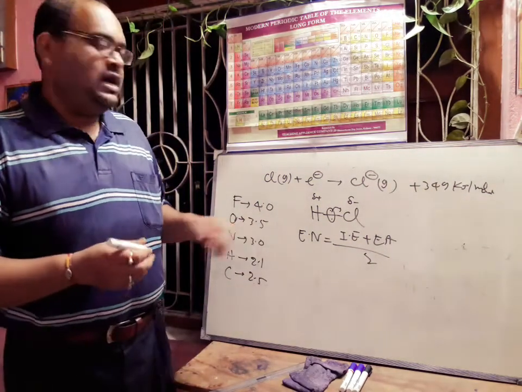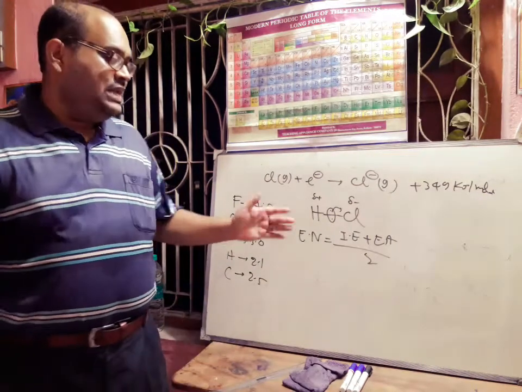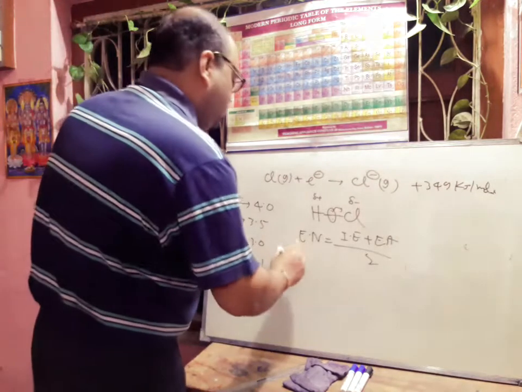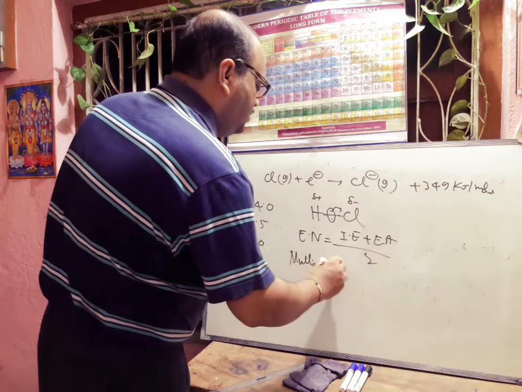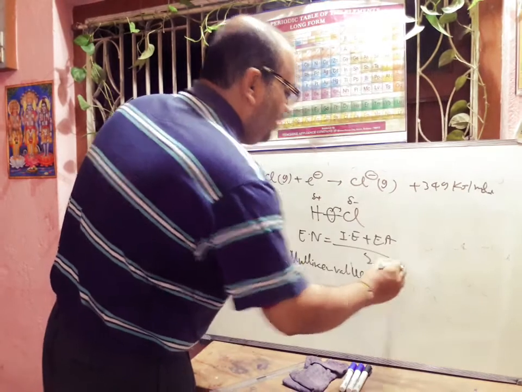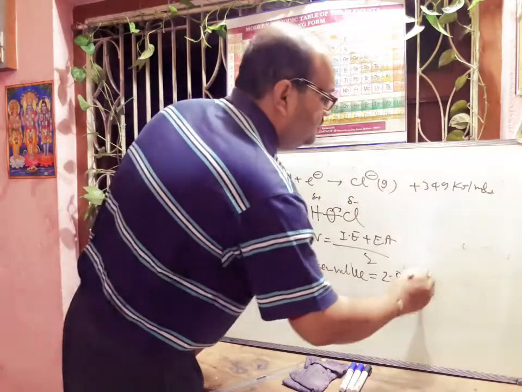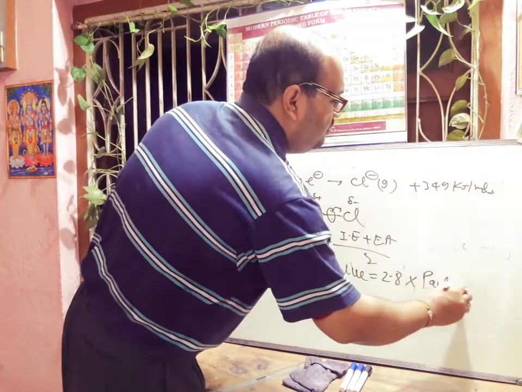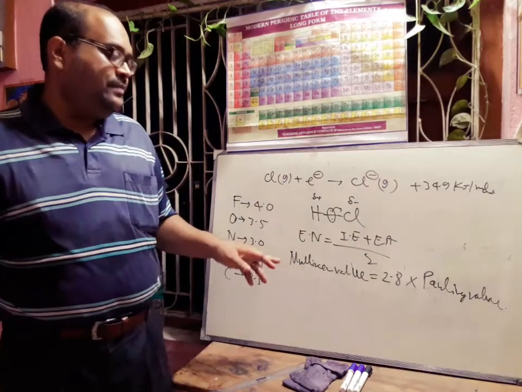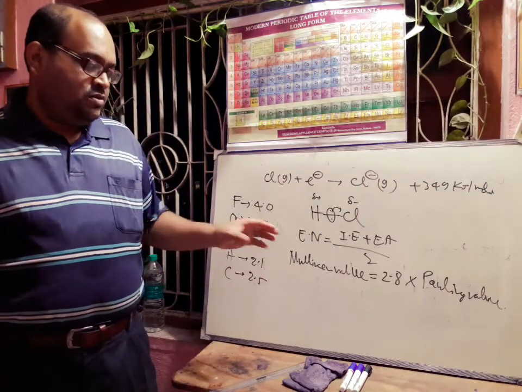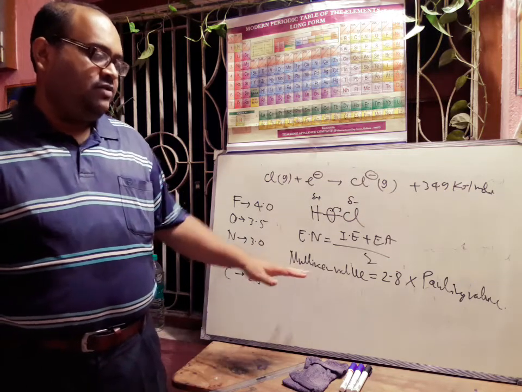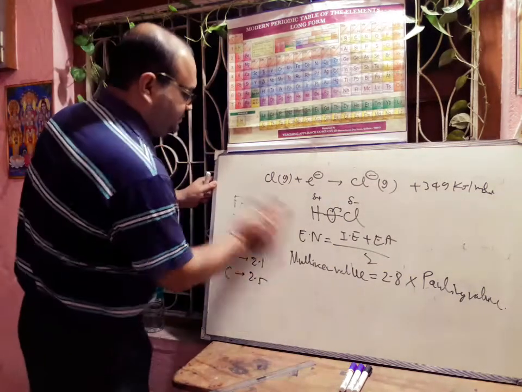Now there is a relation between the Mulliken and Pauling scales. So the Mulliken value will be equal to 2.8 times the Pauling value. In this way we can find out the Mulliken value from Pauling values of electronegativity.